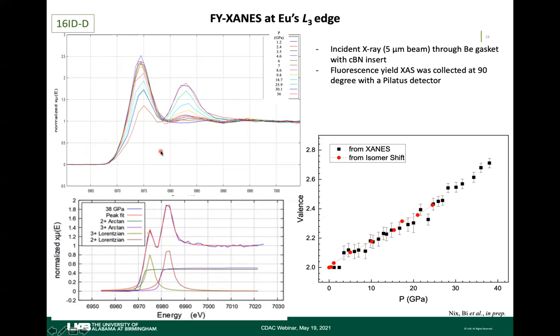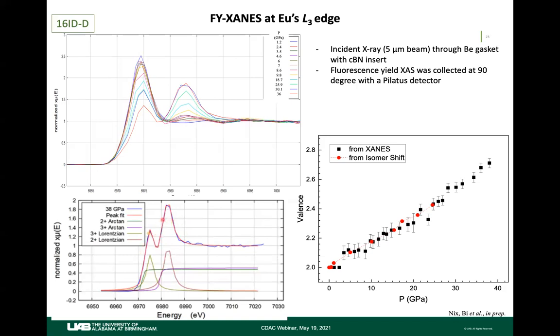And we wanted to get a quantitative estimate of the mean valence to compare with the measurement from the isomer shift. So we did a simulation, a model on the data. So the blue curve here, that's the data, and the red is the fit.